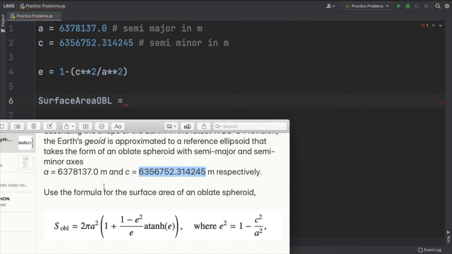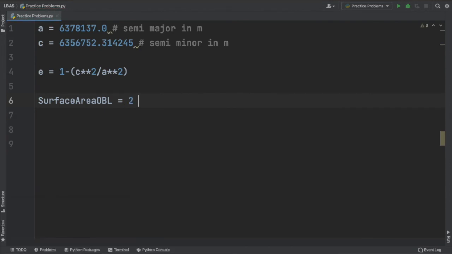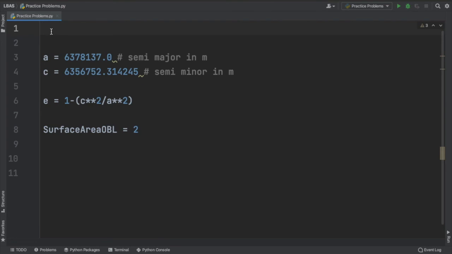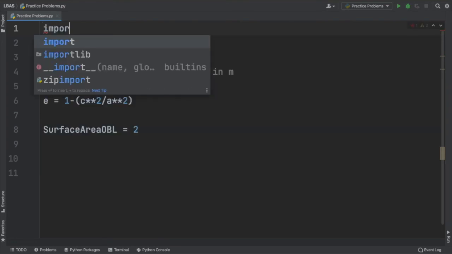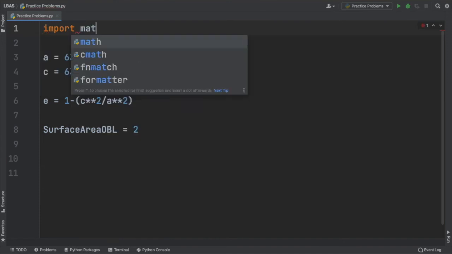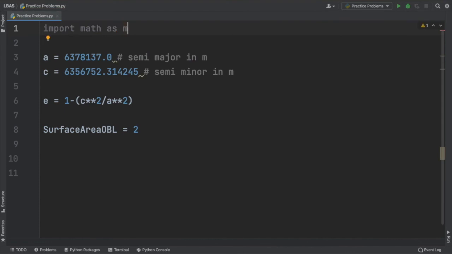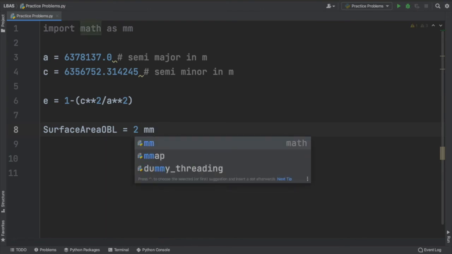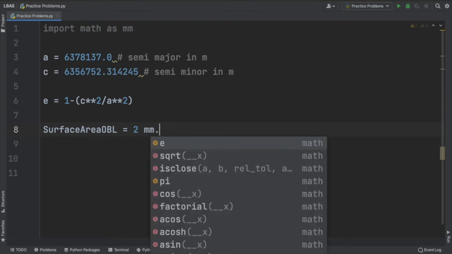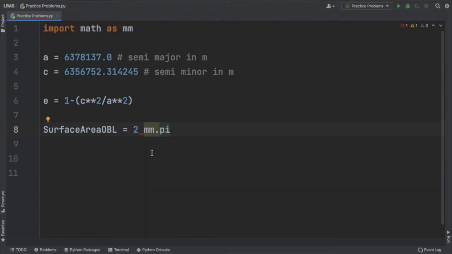And I'll just do this part now. I'll import the math library: import math as m. Then m dot pi, times a square.